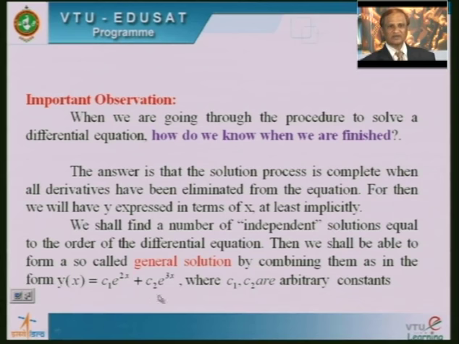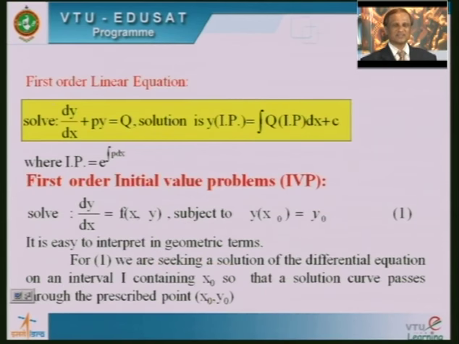Now I will call it the general solution of the given equation. How do you say that it is the general solution? Because the given differential equation is a second order differential equation, and this solution contains two independent solutions, namely these two functions, and we have combined them to form a new equation. So, we know that this equation will also satisfy that equation, and we may call it the general solution of the given differential equation.